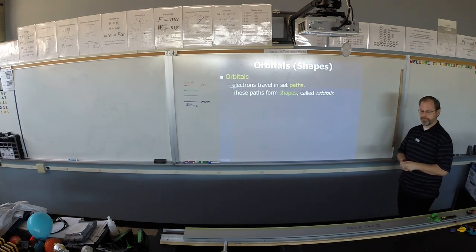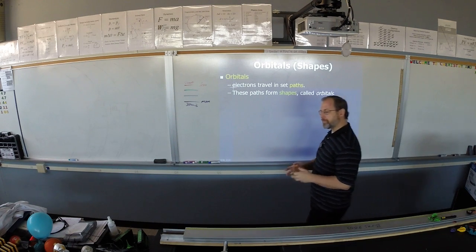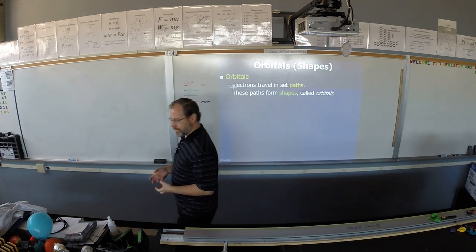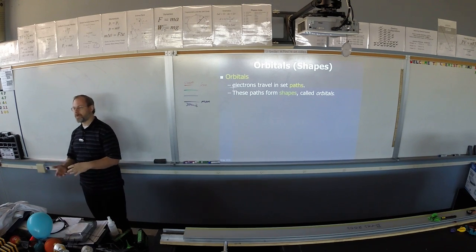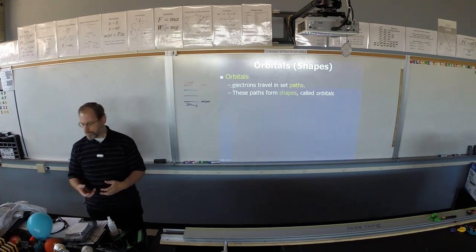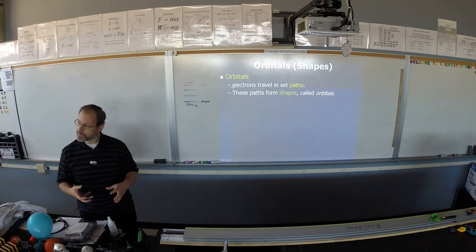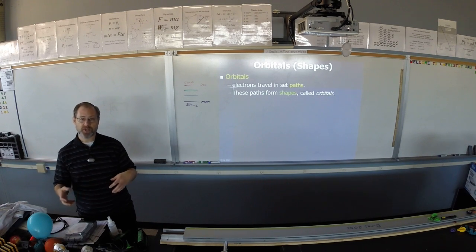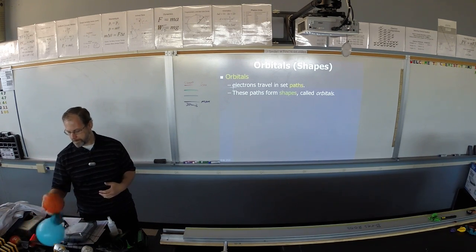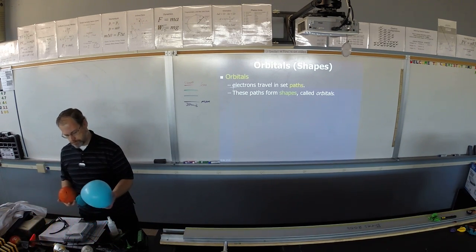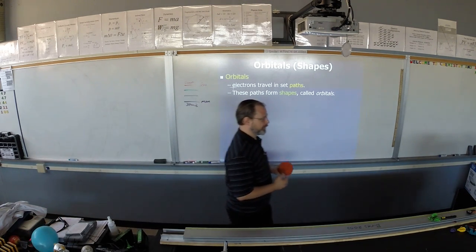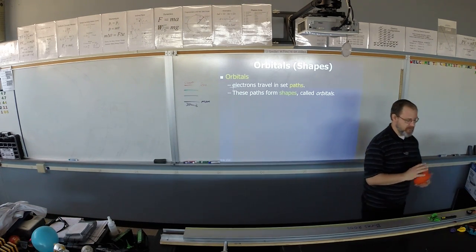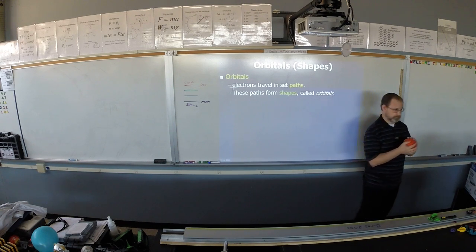Now, each orbital has a level of energy associated with it. And the amount of energy it has determines what electrons can be in that orbital and how much energy those electrons will have. The lowest energy orbital is the simplest shape in the known universe.